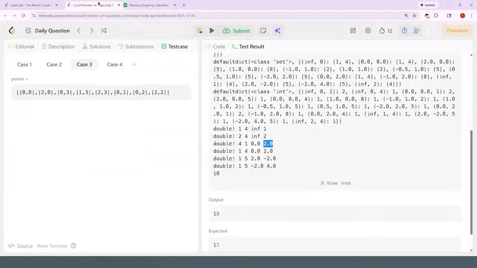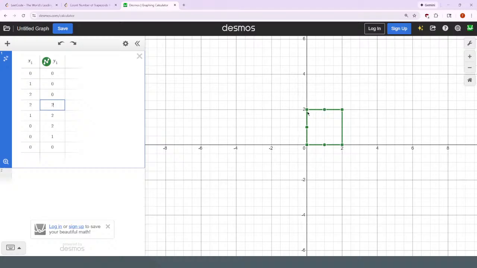Everything that is 1: 1 to 1 here, 1 to 1 here, 1 to 1 here. That's fine, that's 4 double countings, 4 parallelograms.